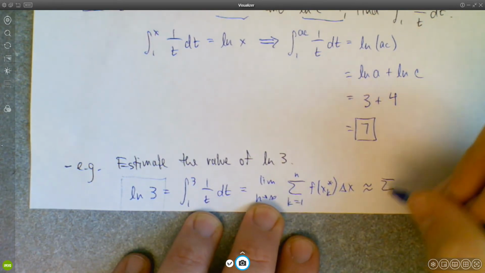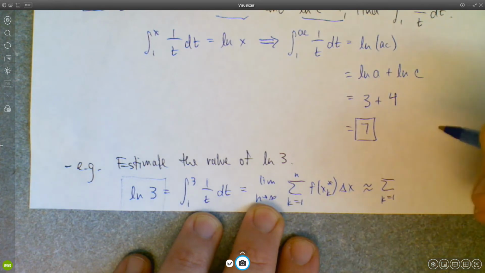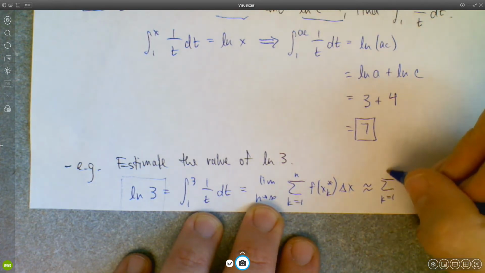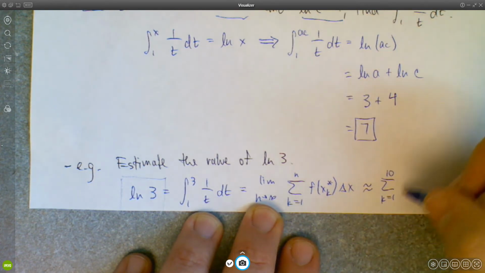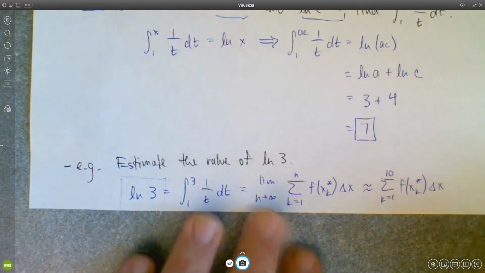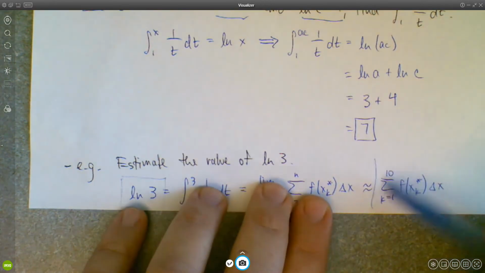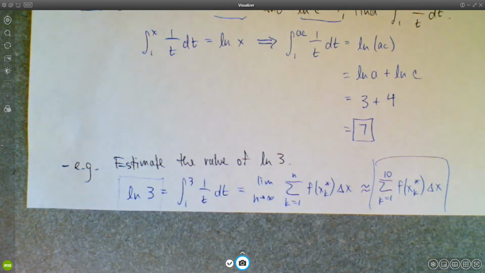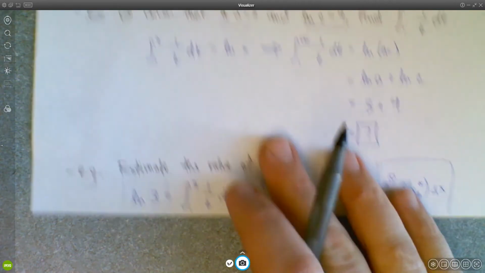Let's just do this with a certain number of rectangles. Let's say we do it with 10 rectangles, and then you can use this to get a pretty good approximation, right? Anyway, there are other things that we can do with this definition as well that are pretty handy and pretty nice.